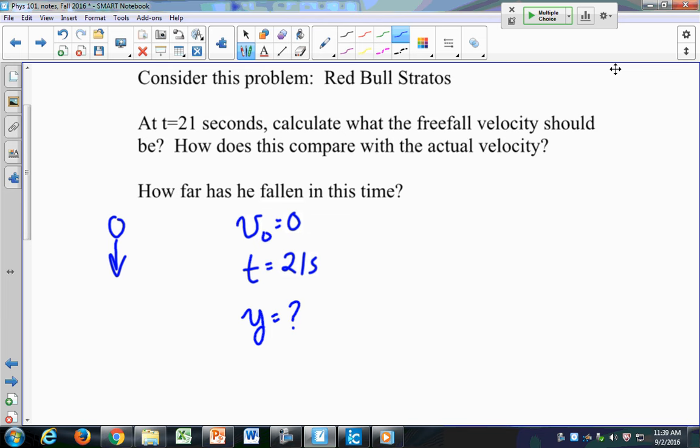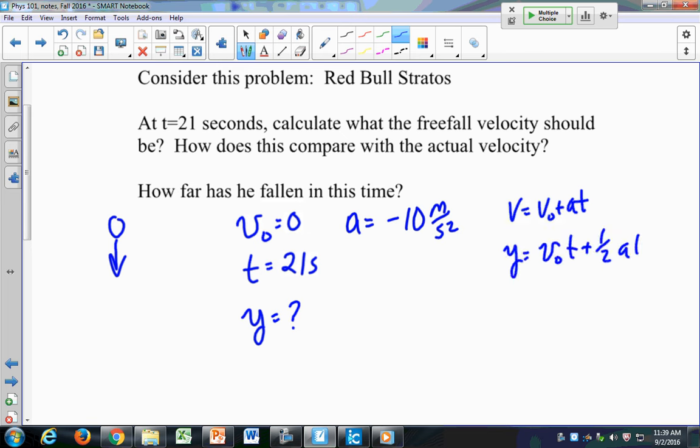I know the acceleration is equal to minus 10 meters per second squared. Yeah, so I can either use v equals v naught plus at, but that doesn't tell me what y is. Or I can use y equals v naught t plus 1/2 at squared.